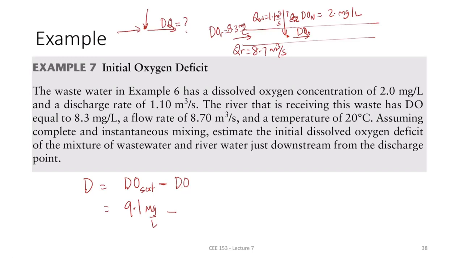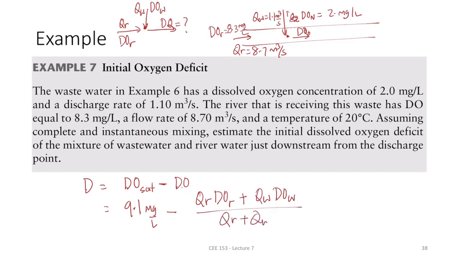You know Q waste, DO waste, Q river, DO river. So basically this is two in and one out. Using the same concept, this will be QR DOR plus Q waste DO waste divided by QR plus QW.